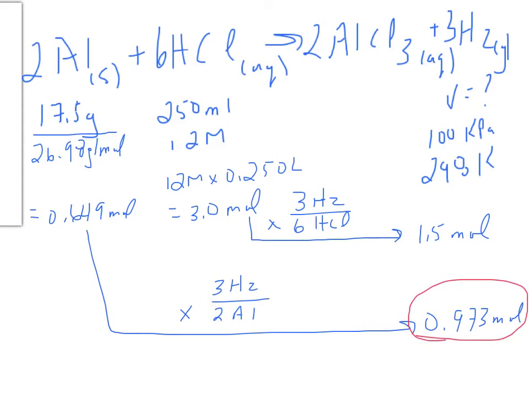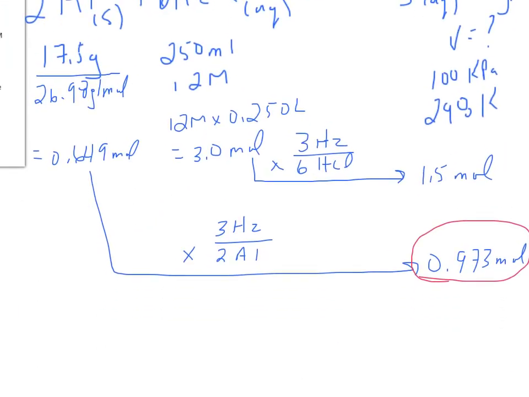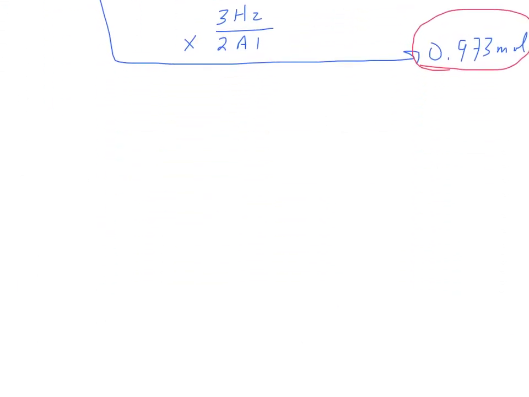So the question asked me to find the volume of the H2 gas at SATP. So because this is a gas, I have to use the ideal gas law. So I'm going to start out with PV equals nRT, and I know my pressure is 100 kPa, what volume do I have?